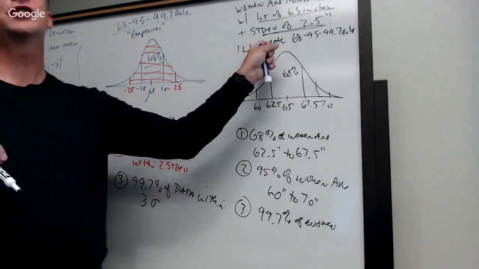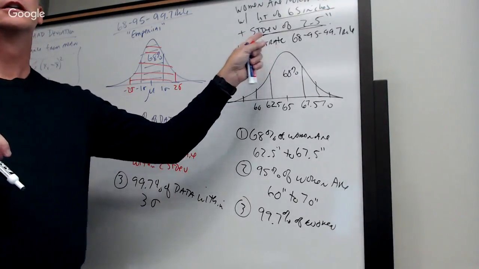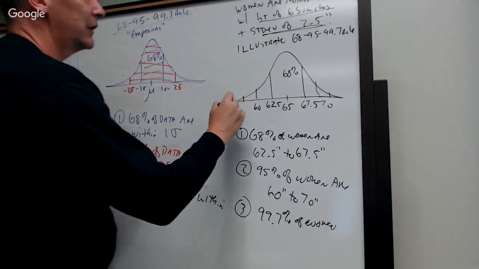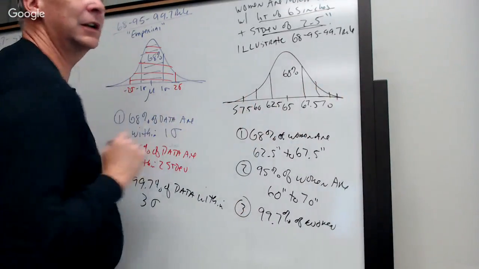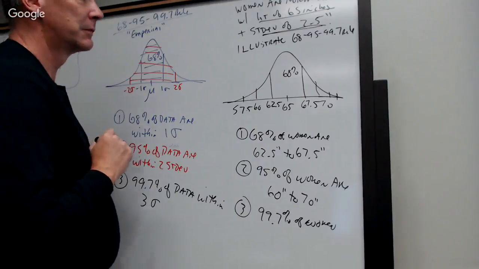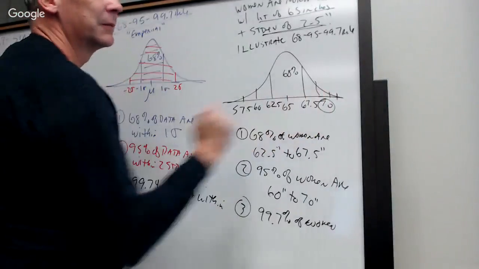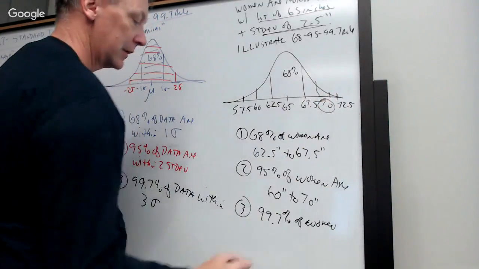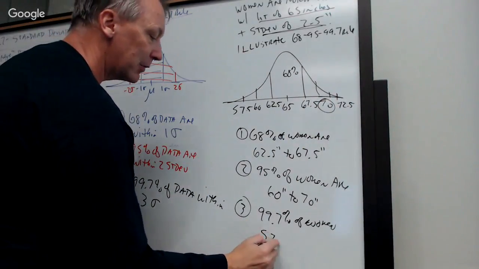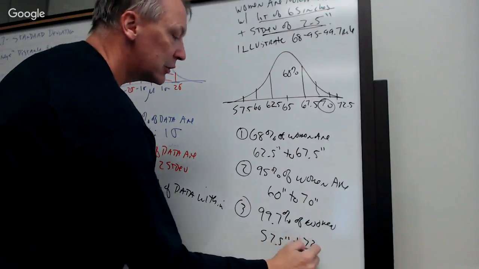The standard deviation is 2.5, right? 60 minus 2.5 is 57.5 inches. And I'm going to add 2.5 to here. This is 70 here. That would be 72.5. So 57.5 inches to 72.5 inches.